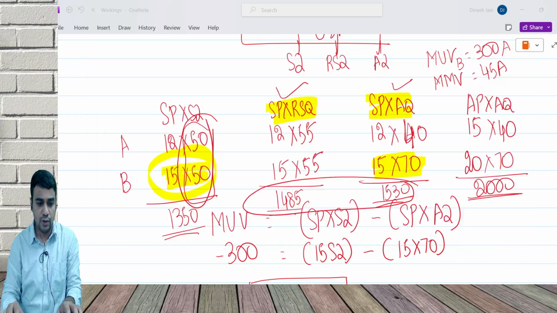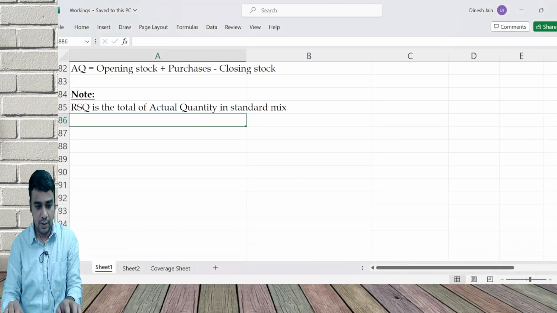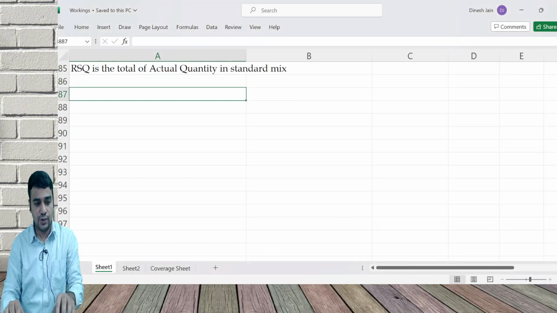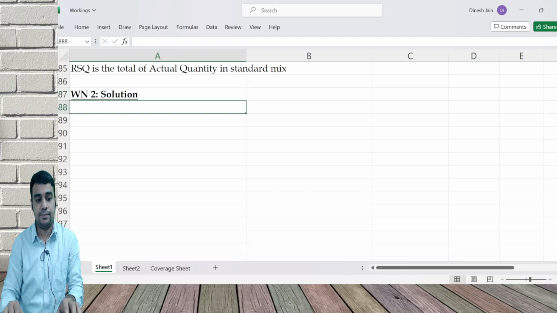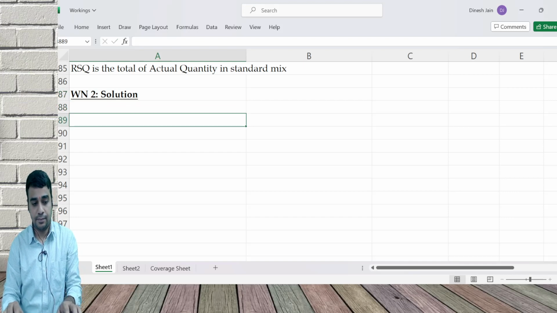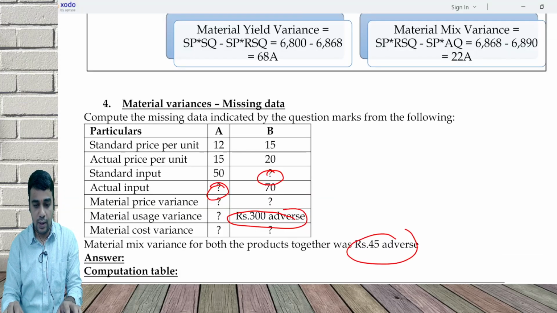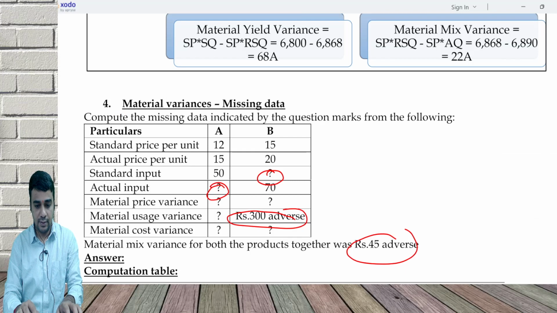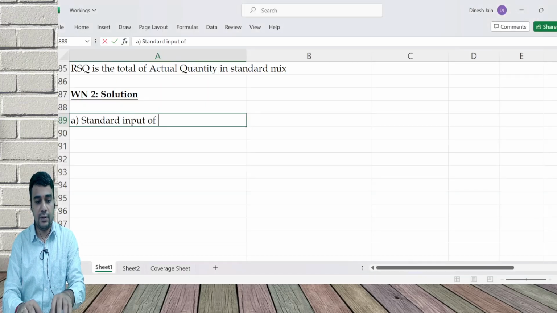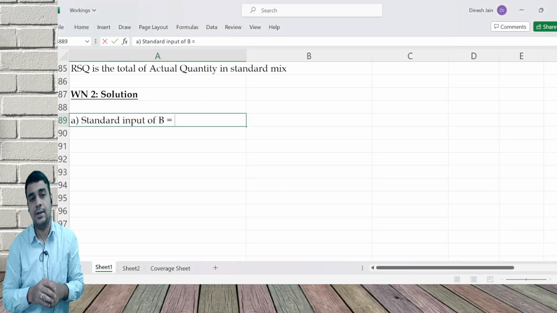Next, working note to solution. This was the computation table. Working note to solution. Solution. I'll look at the question marks and start answering them. Point number A, standard input of B. We have already calculated this.